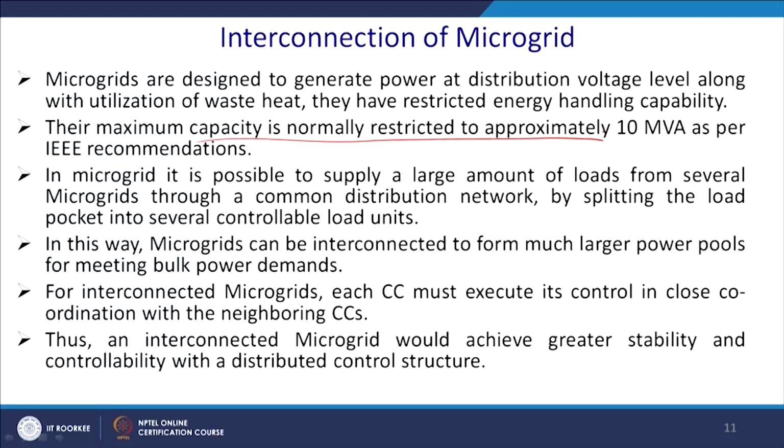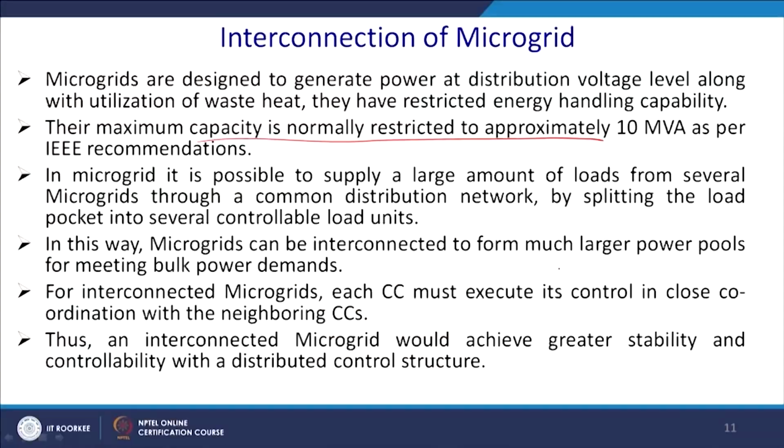In microgrids, it is possible to supply a large amount of load from several microgrids through a common distribution network by splitting the load pocket into several controllable local loads. That is also called localization of the load. In this way, microgrids can be connected to much larger power pools for meeting bulk power demand.